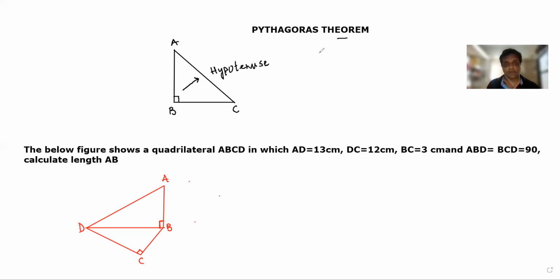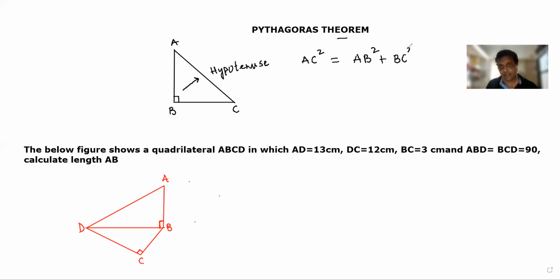So let's understand quickly what is this theorem? What is that equation we are talking about? So Pythagoras, the Greek mathematician, gave the equation that the hypotenuse square, which is AC square in our diagram, is equal to the sum of the other two side squares, which means AB square plus BC square.